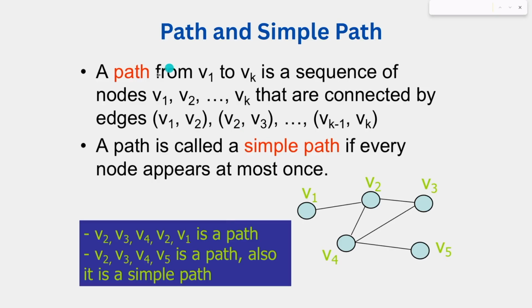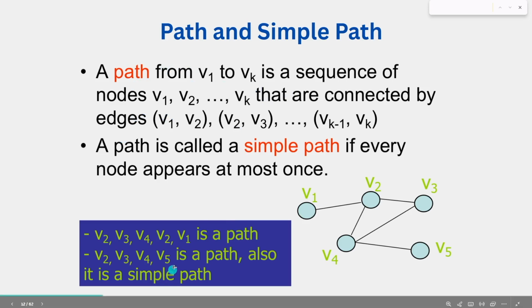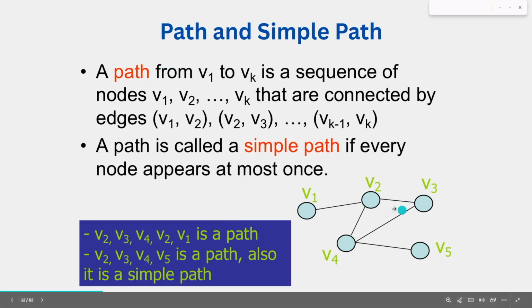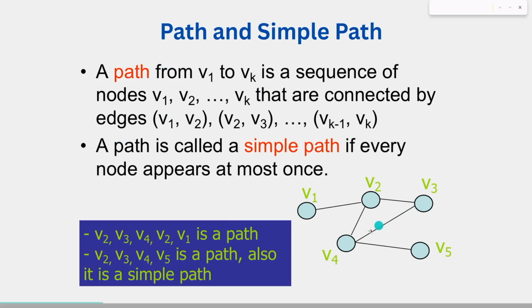So, here we have one more example to understand what a path and what a simple path is. You know what a path is. It is a sequence of nodes or vertices that are all connected by edges. Say here in this graph, V2, V3, V4, V2, V1 we can call a path.